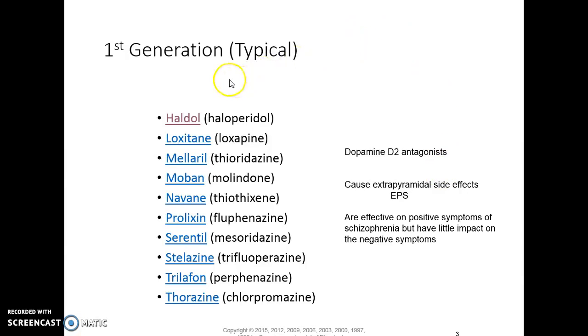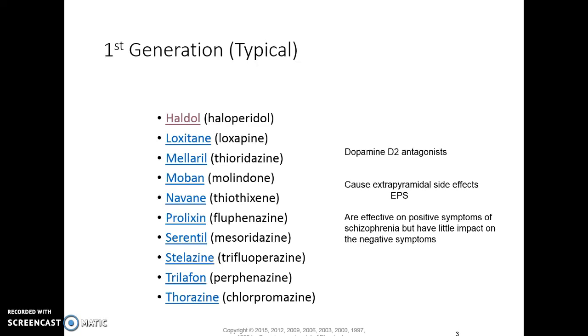So your first generation antipsychotics, typical antipsychotics, are dopamine D2 antagonists, okay? They do cause a lot of the EPS side effects that we talked about, and are effective on positive symptoms of schizophrenia, but have little impact on the negative. So remember the positive versus negative: the positive are adding to the person. It's not that it's a positive thing, like I'm happy about it.